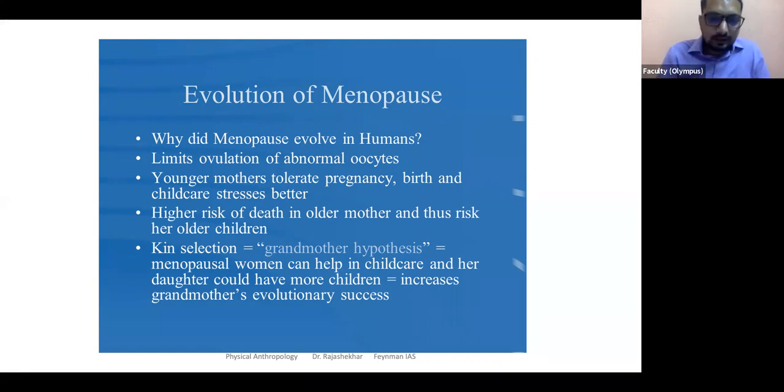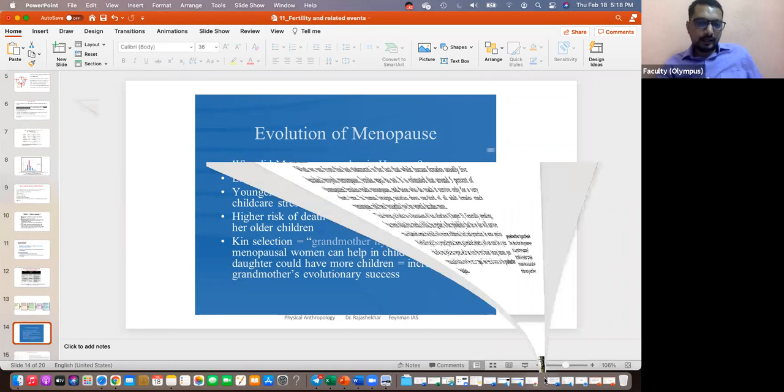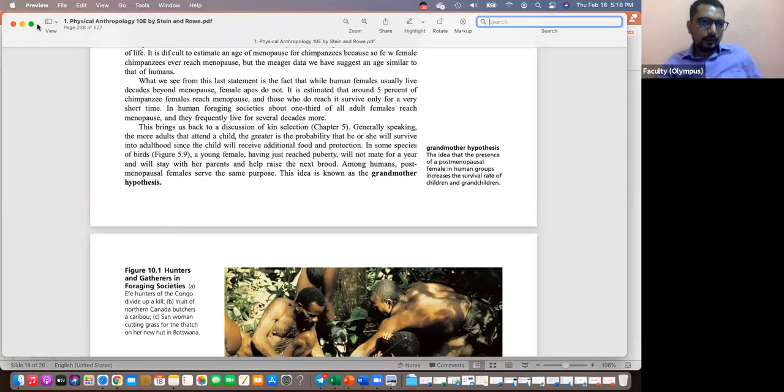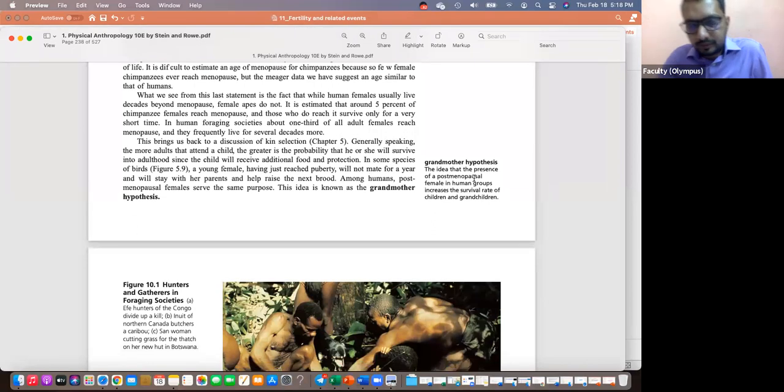Also, to explain this, there is something called the grandmother hypothesis. To explain why menopause happens, what is the benefit to humans of menopause? For this, there's a theory called the grandmother hypothesis, from the Physical Anthropology book by Stein and Grove. They briefly explain the concept here.